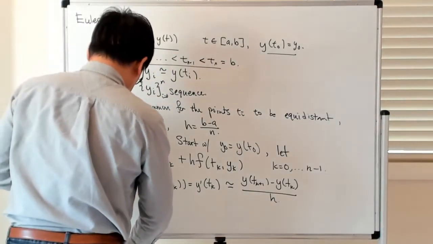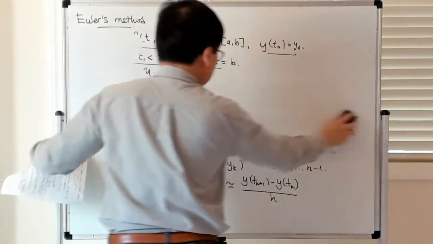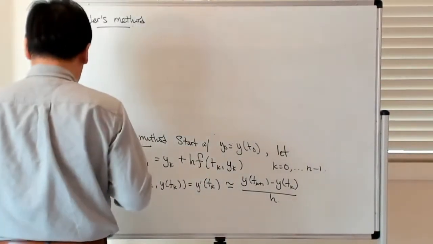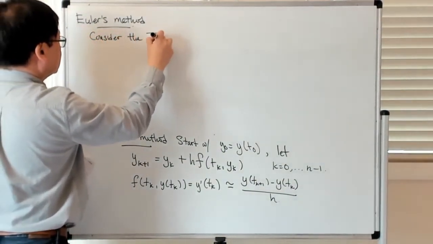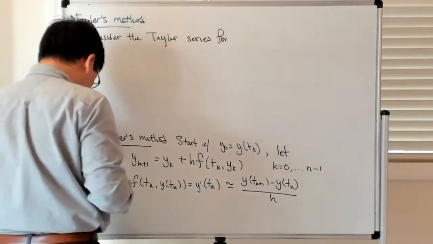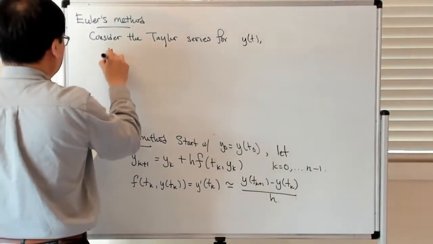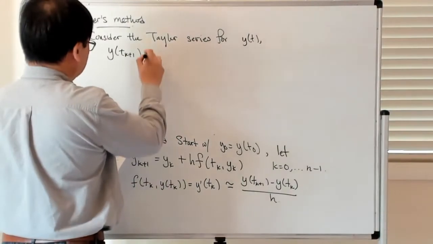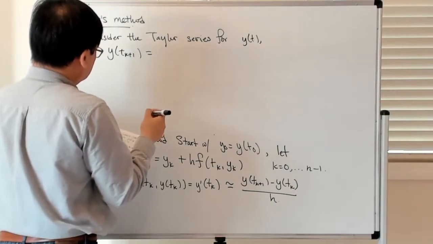Another way to think about it is using the Taylor expansion. So let's see what happens. You can consider the Taylor series for y of t. Let's look at y at t_{k+1}, Taylor expanded about the time tk.